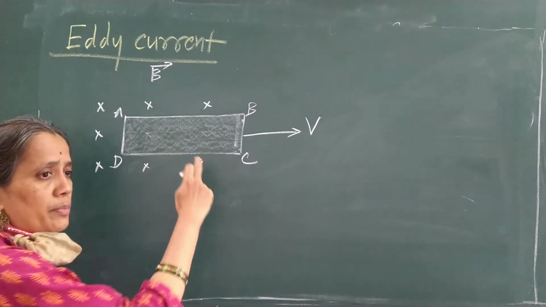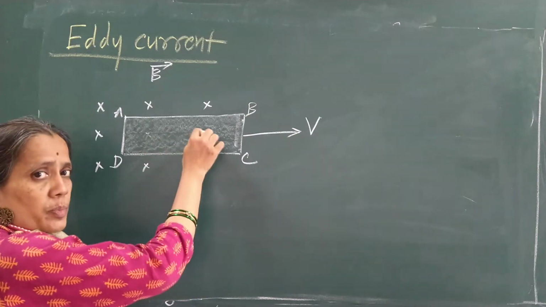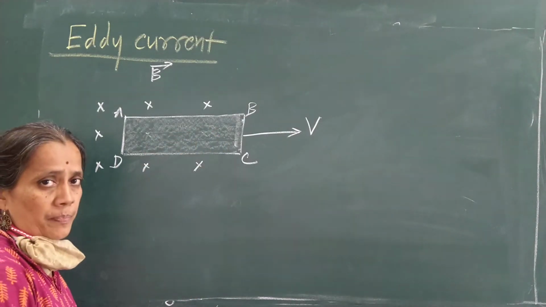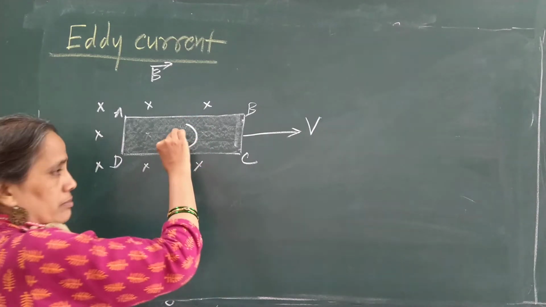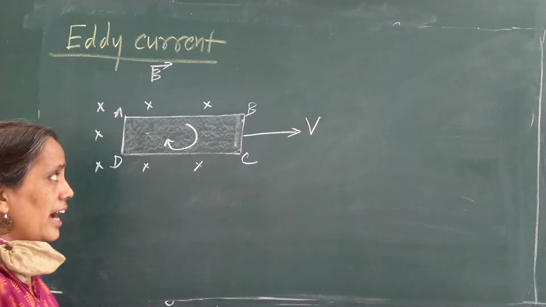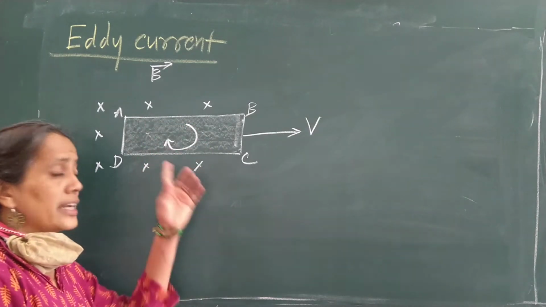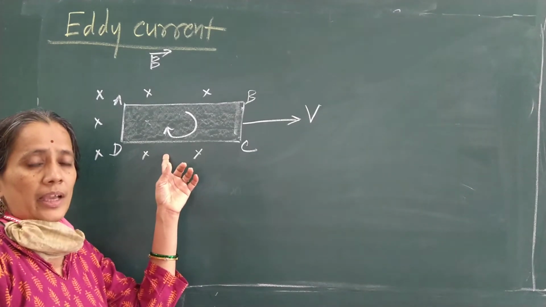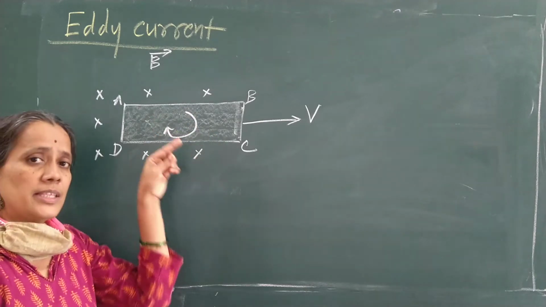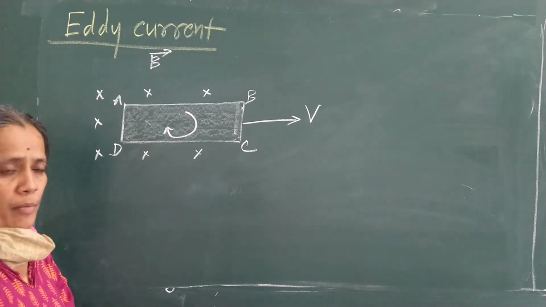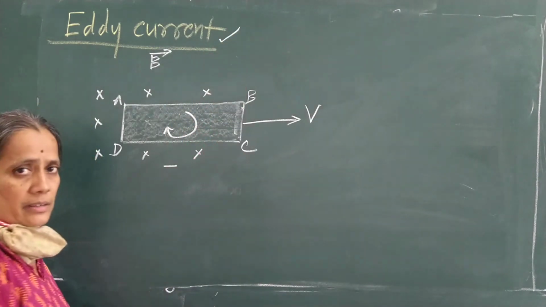Now inside the solid plate, current production means what? Whatever number of free electrons are present inside this solid plate, those electrons start moving in one particular direction, and those electrons start circulating inside this rectangular plate in a circular form. So the motion of electrons inside the solid plate in circular format gives rise to a concept which is called eddy current.